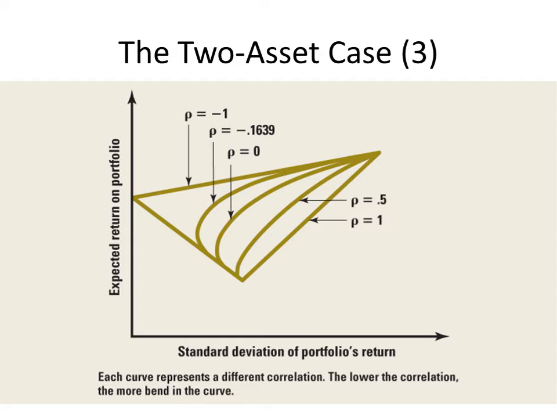However, you will find some stocks that are negatively correlated, and definitely you're going to find many stocks that are less than perfectly positively correlated. In fact, it's hard to find two stocks that are perfectly positively correlated. Take, for example, Royal Dutch Shell. It's actually two companies.